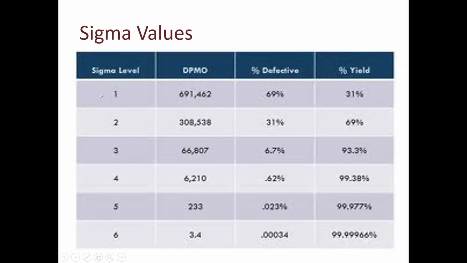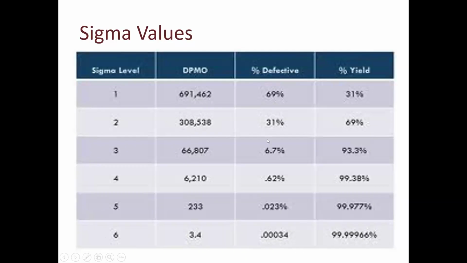And as you can see, when we are going from 1 all the way up to 6, we notice an improvement. So the DPMO will be decreasing until we reach 3.4. Percent defective also is decreasing, and the yield is increasing.